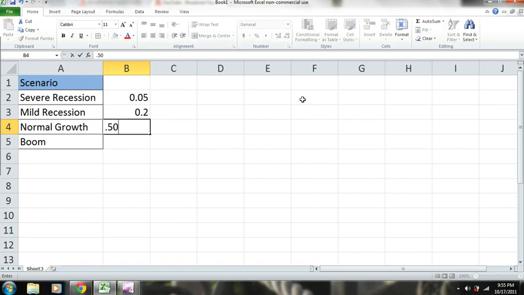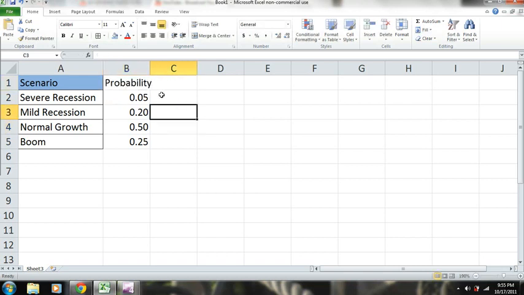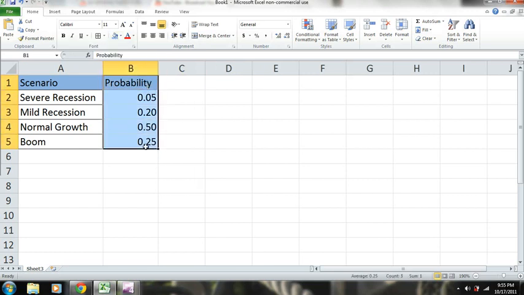Let's say there's a 50% chance of normal growth and a 25% chance of a boom. And I'm just going to do two decimal places. So, okay, we have our probabilities.